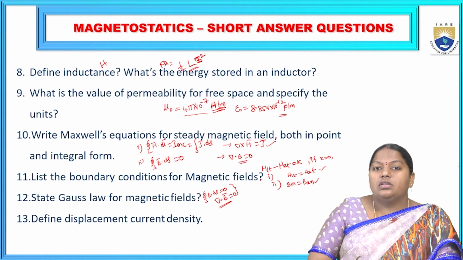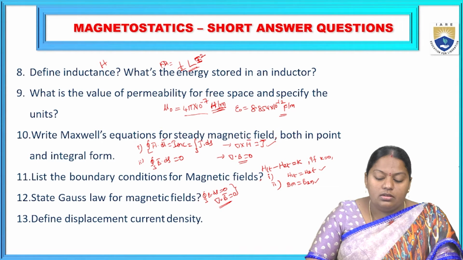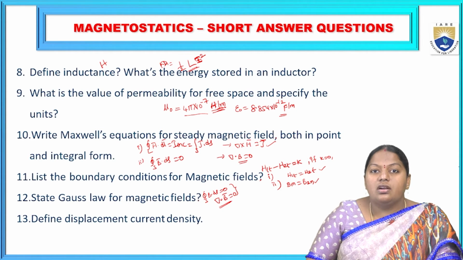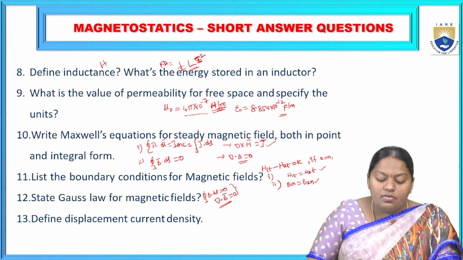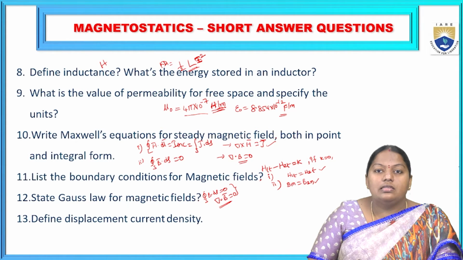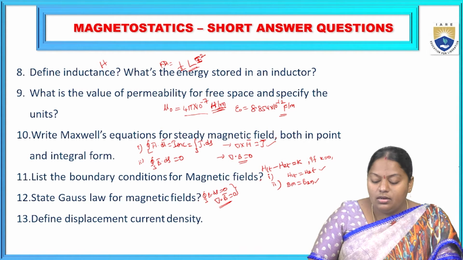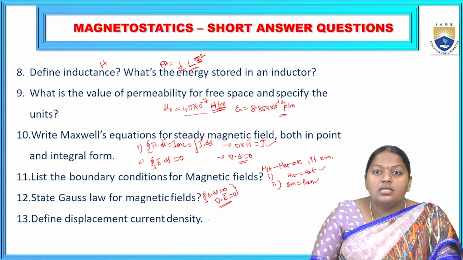As we have discussed the two types of current densities in the case of electrostatic fields, conduction current density and convection current density, in time varying fields we use one more definition, one more current density exists, that is displacement current density, where electric displacement or electric flux density is represented with D bar.